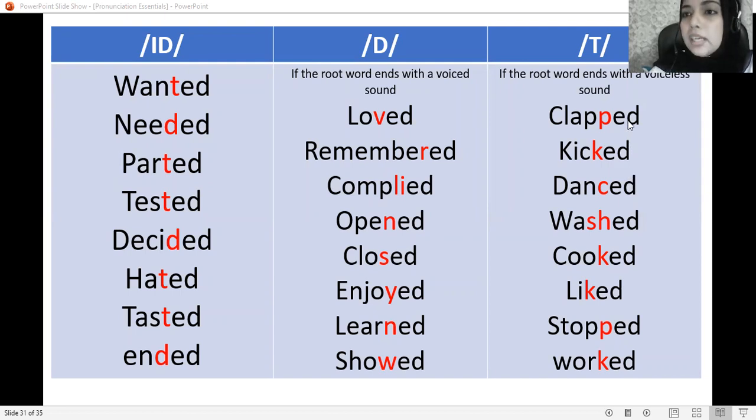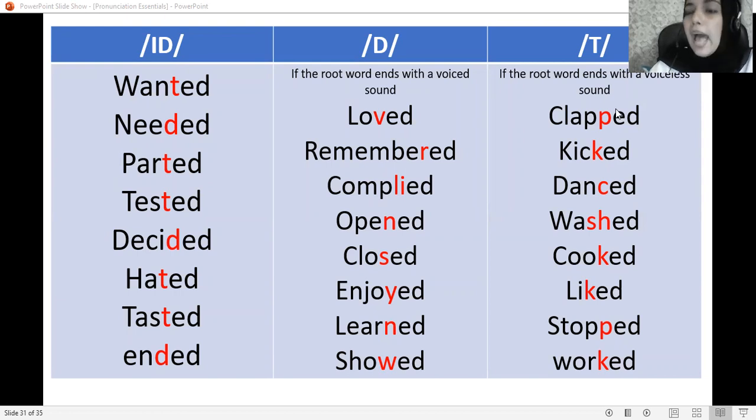So clapped, clapped. It's a clear t sound. You don't say clapped. No, it's clapped. In order to maintain the P sound, these shall be pronounced as t.